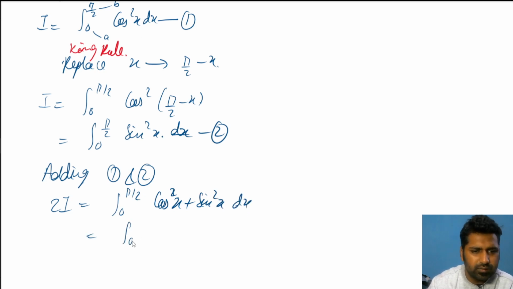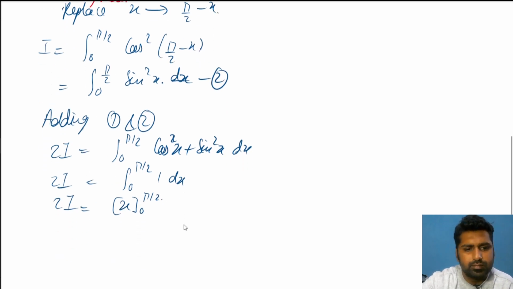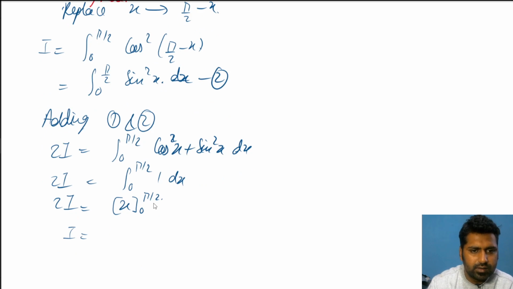Because it's 1. And integration of 1 is pretty simple. 2I is equal to x, limit 0 to pi by 2. So I is 1 by 2 of (pi by 2 minus 0), that's pi by 4. That's the answer of this question.